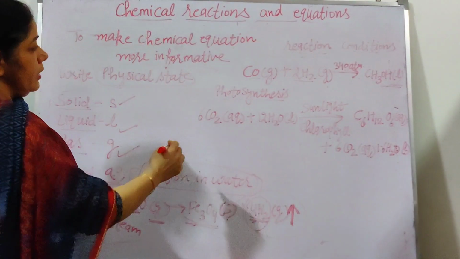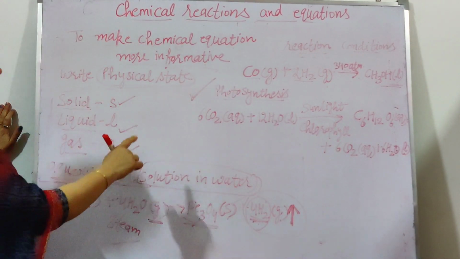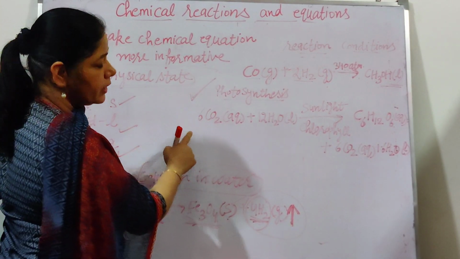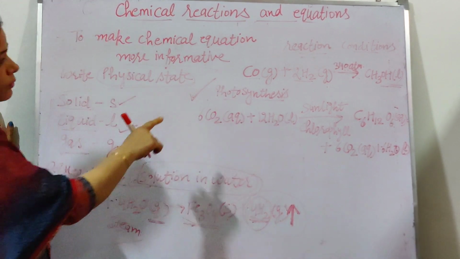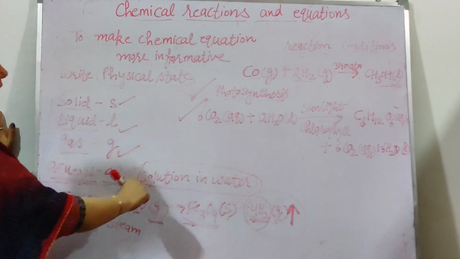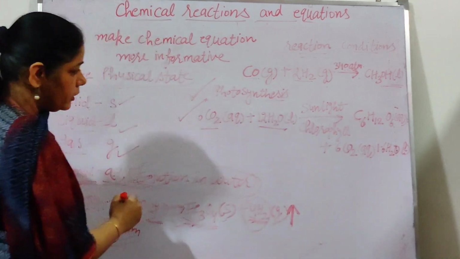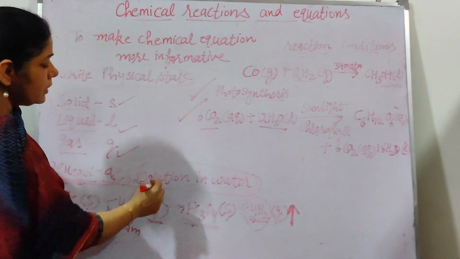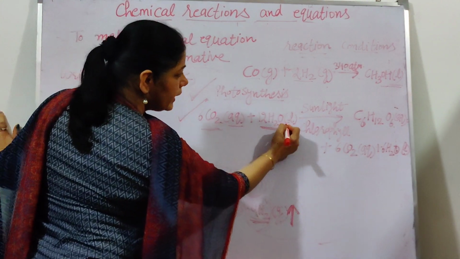Now, photosynthesis. You all know about photosynthesis, the food making process in plants, and we can represent it with the help of a chemical equation. In photosynthesis, carbon dioxide and water are used, and they react with each other. Carbon dioxide, aqueous, H2O, liquid.